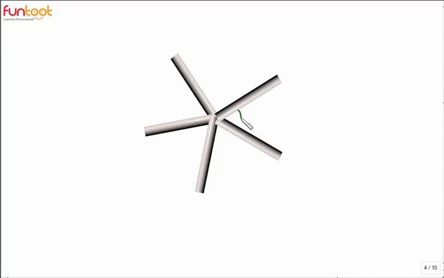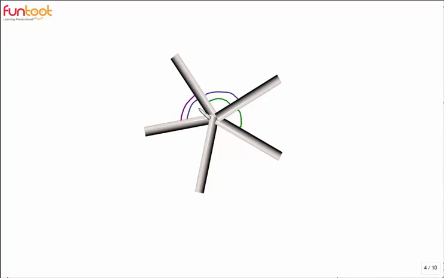Well, this angle here is adjacent to this angle because these angles are next to each other. Also, this angle is adjacent to this angle for the same reason, as this pair of angles are next to each other. Likewise, we can find other adjacent pairs of angles here.